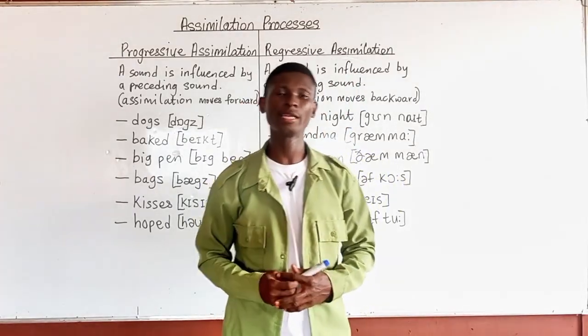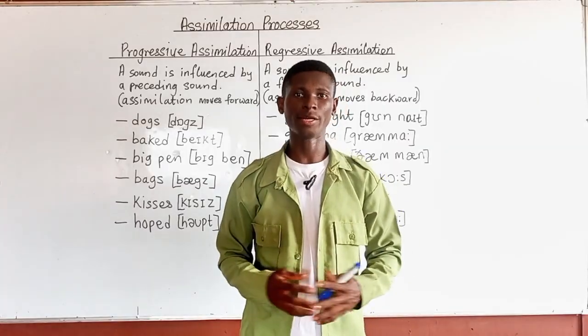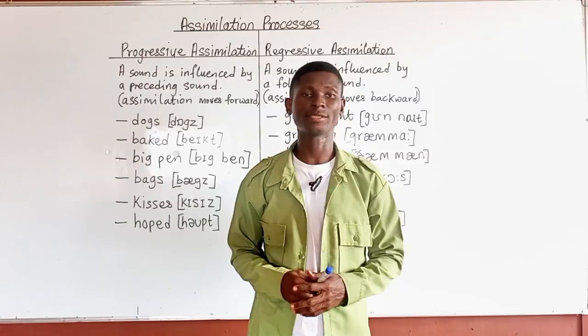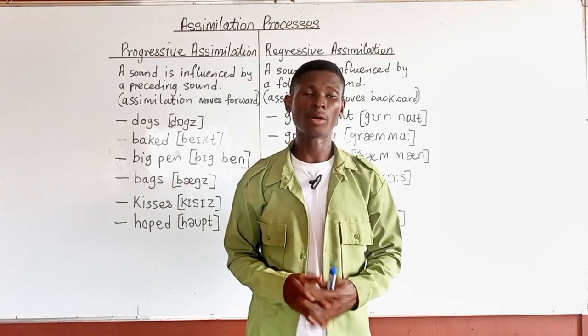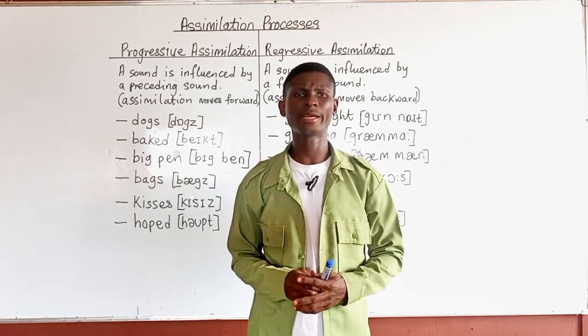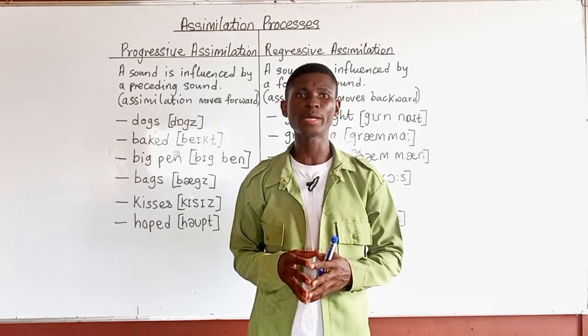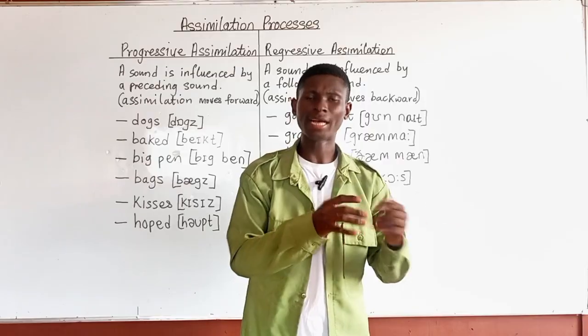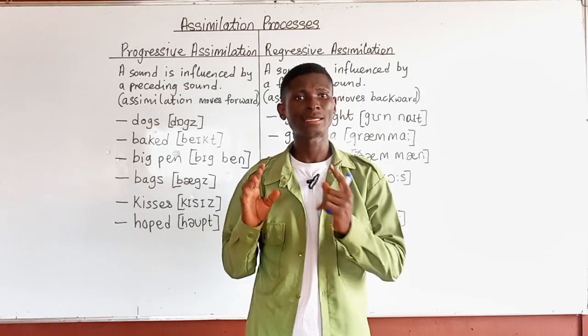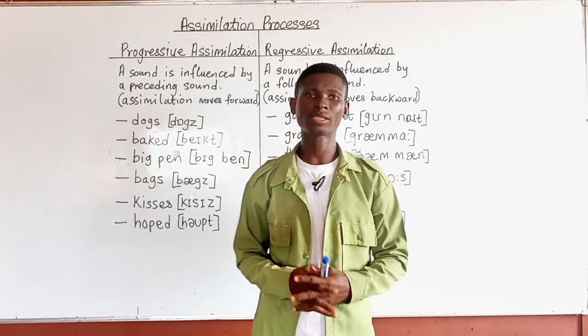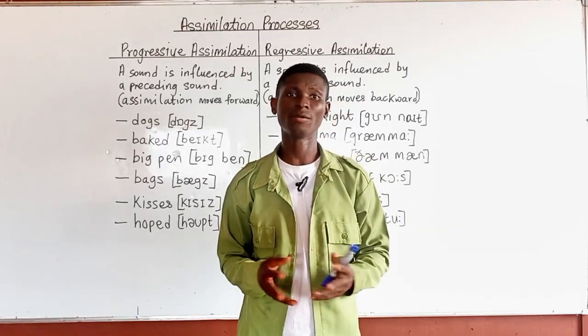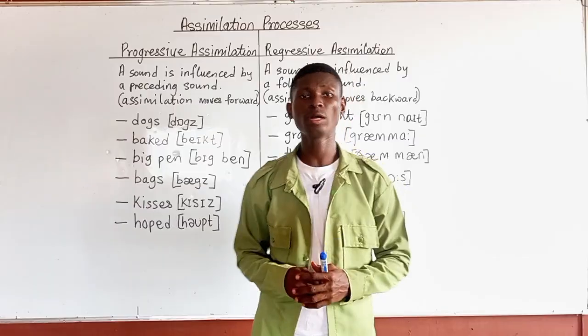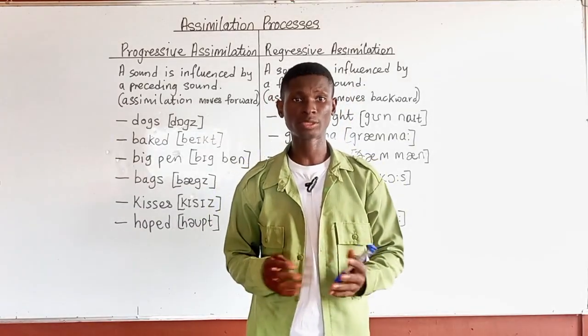We further look into our studies on the phonological processes, specifically on assimilation. Today we will be looking at the difference between progressive assimilation and regressive assimilation. Previously, we talked about the concept of assimilation as one of the phonological processes.